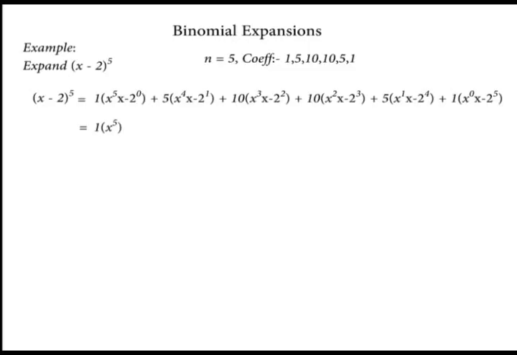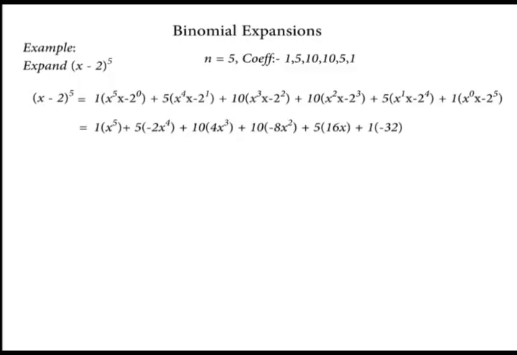And so we have x^5 plus 5 times (-2) raised to power 1, which is -2, times x^4 is -2x^4, plus 10 times (-2) squared, which is 4, times x^3 is 4x^3, plus 10 times (-2) raised to power 3, which is -8, times x^2 is -8x^2, plus 5 times (-2) raised to power 4, which is 16, times x is 16x, plus x raised to 0 is 1, times (-2) raised to power 5, which is -32.